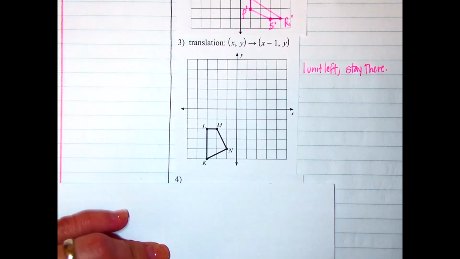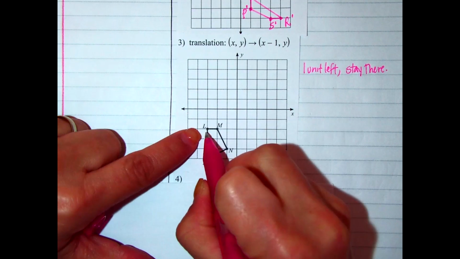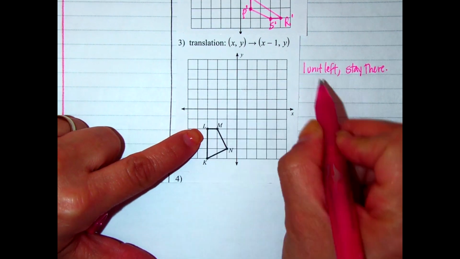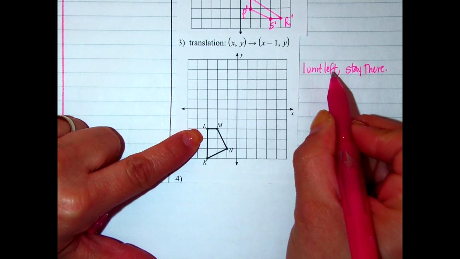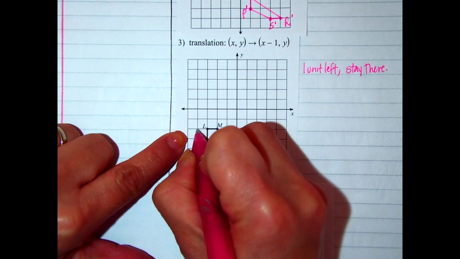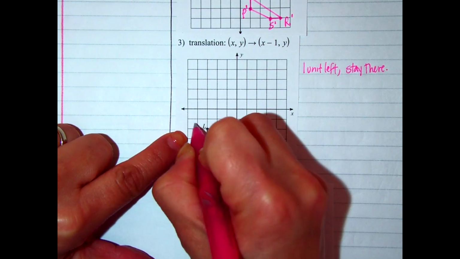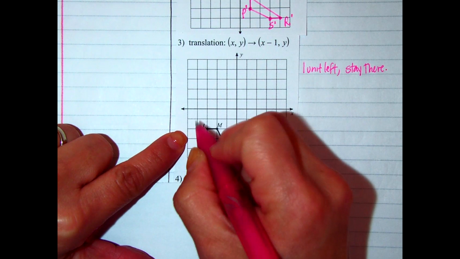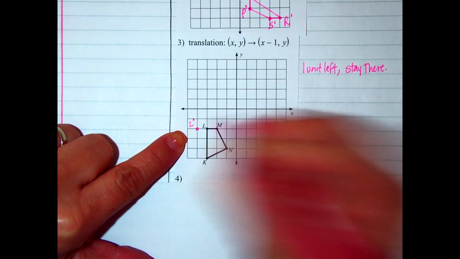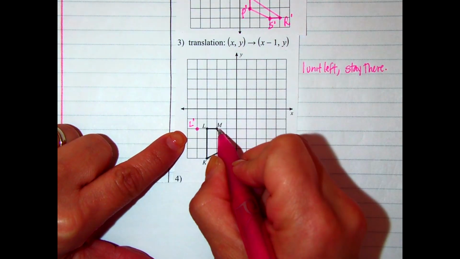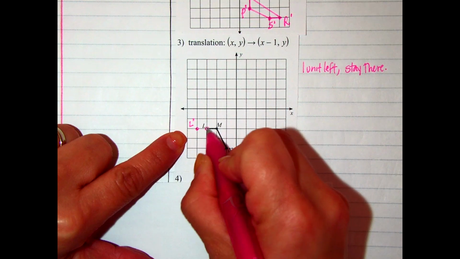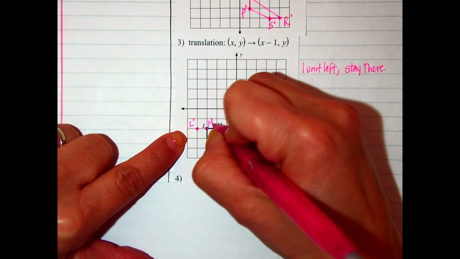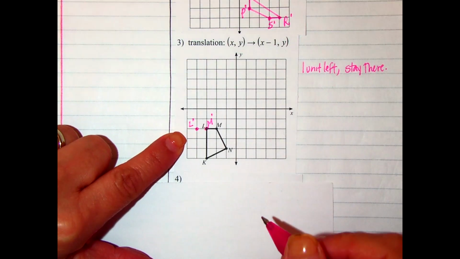So let's get started. I have L. I have to move 1 unit to the left. So 1 unit to the left and stay there means I don't move up or down. So this now becomes my L prime. M, 1 to the left, lands on L, but I still have to label it with M prime.